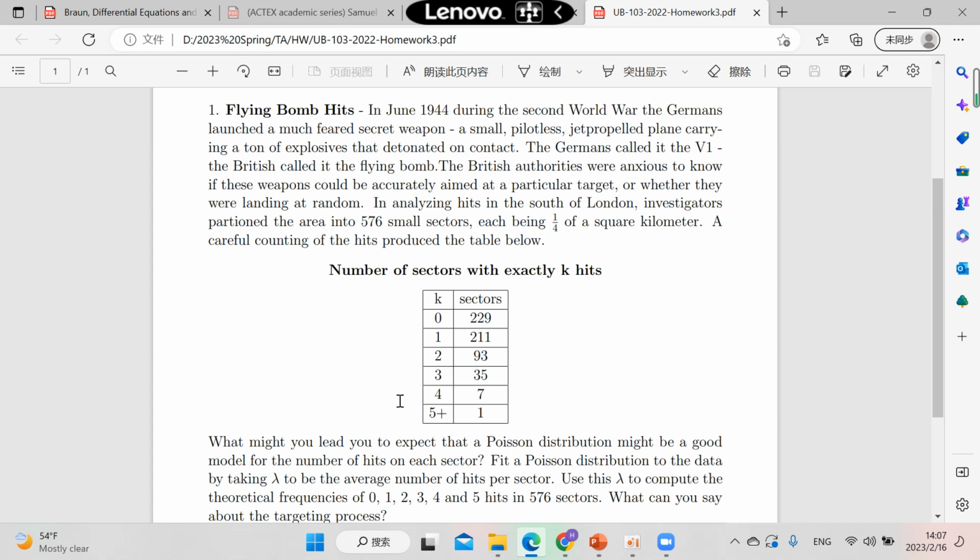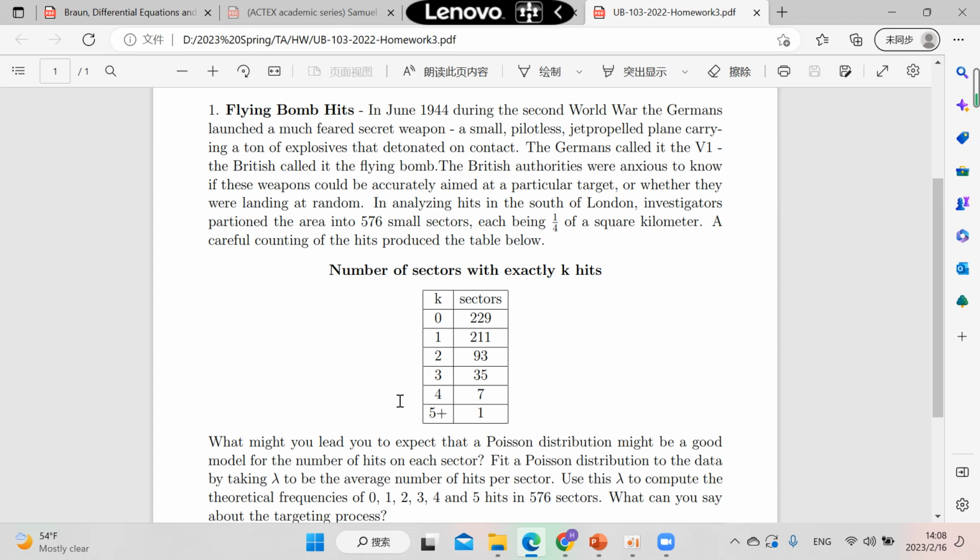And the way to do this question is, first, because this chart has different k, different sectors, that's the only thing you have. The way you're going to do this is first you assume the bombs are landing at random, following the Poisson distribution. That's your assumption.